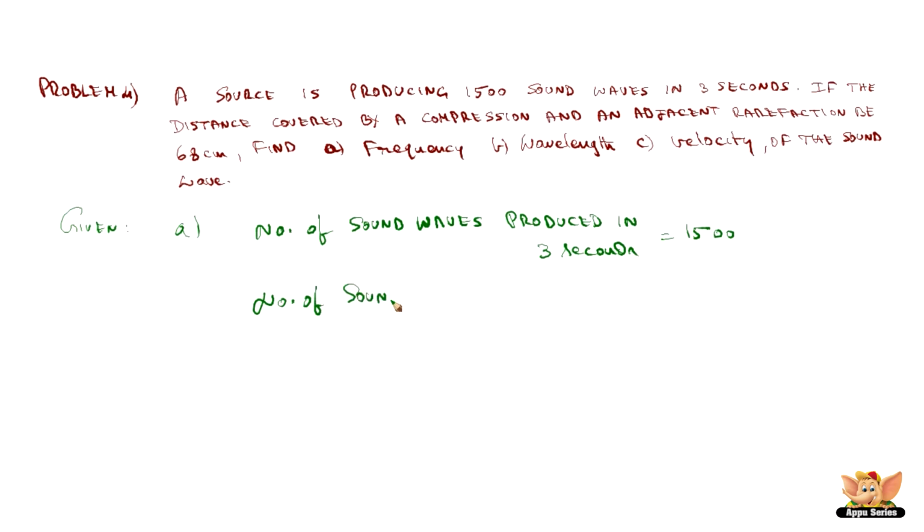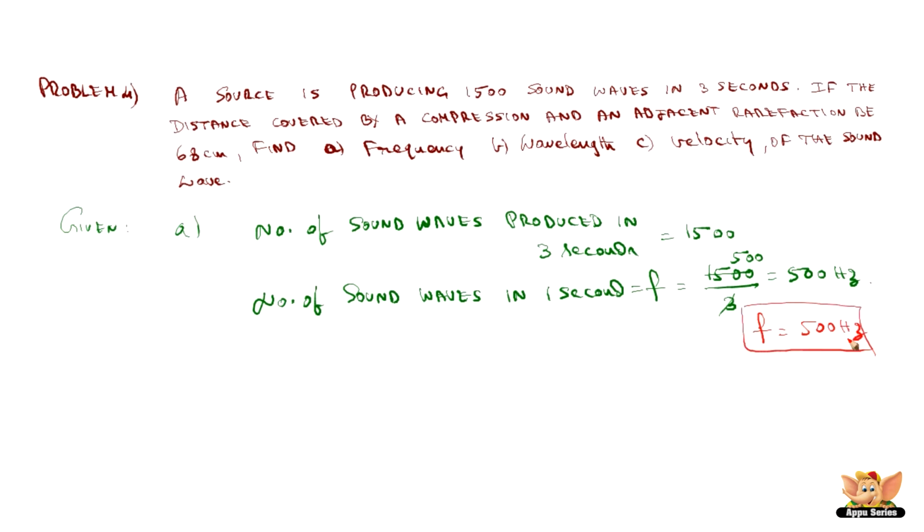So the number of sound waves in 1 second is called frequency, which is, from the above information, 1500 by 3. So on cancellation we get 500. So it is 500 hertz. Since frequency is in hertz, f is equal to 500 hertz.